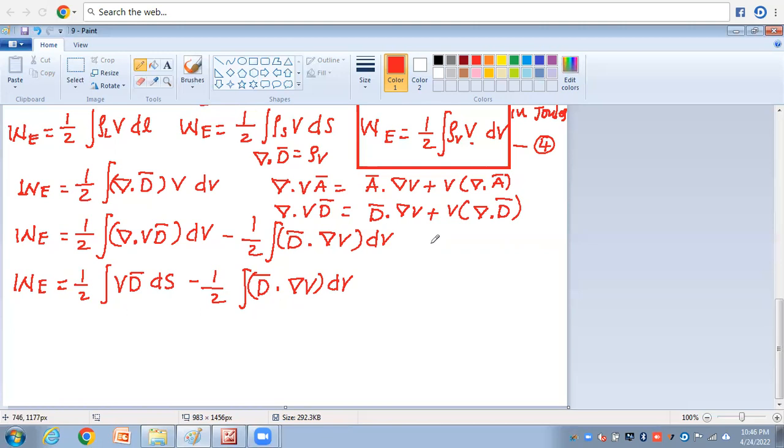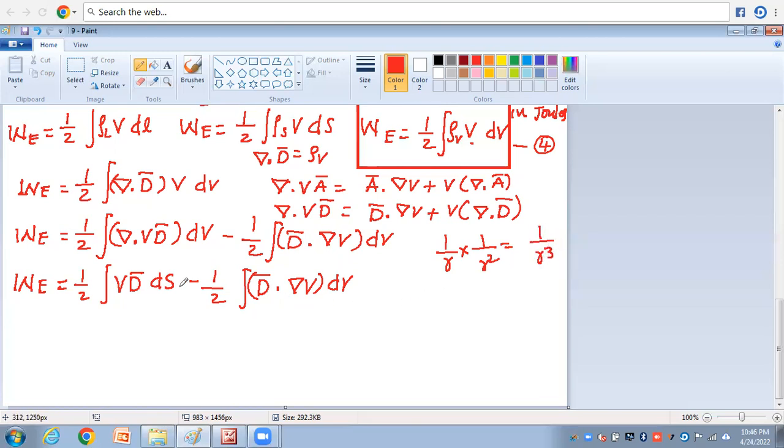Already I have discussed in the last lecture, the result is 1 by R. Then coming to D bar, the result is 1 by R square. If it is multiplied, this tends to 1 by R cube.